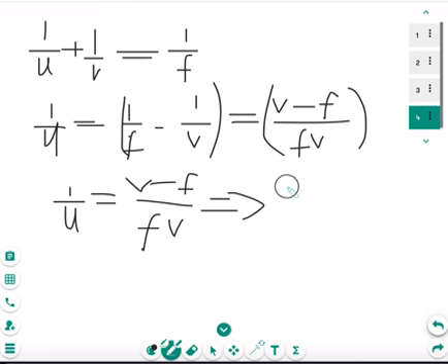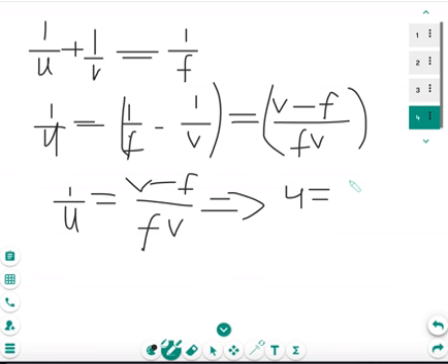v is equal to what? This implies v is equal to what? Are you there? Yes. Can you tell me this implies v is equal to what? If you use the inverse approach. U or V?